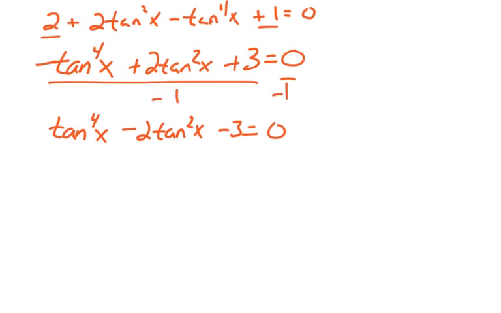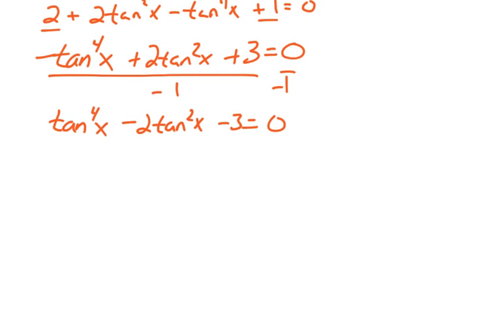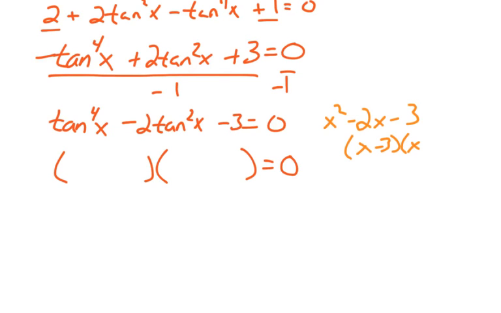Okay, so if you remember from Algebra 2, one of those factoring patterns was a 2-1-0 pattern, and we still have that here. It's just we have tangent. How this breaks down is normally, if it was x squared minus 2x minus 3, this would break down into x minus 3 times x plus 1. Well, the same kind of thing happens here.